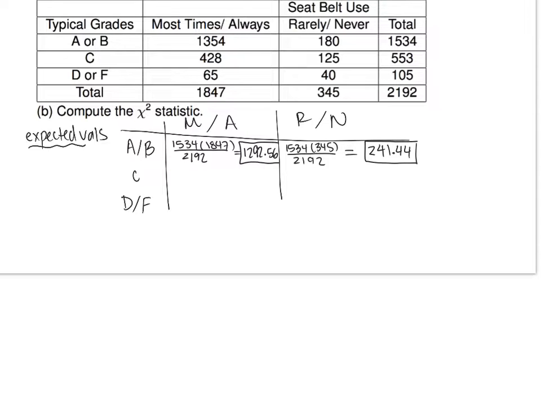Okay. How about this C category? What's the row total? 553, okay. Column total? 1847 out of 2192. Okay. I got 465.96.